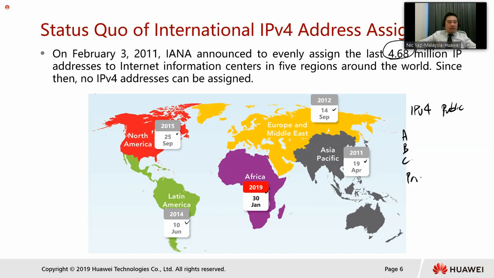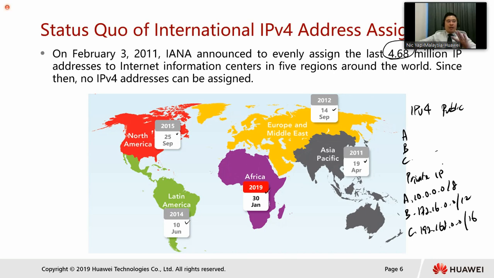For the private ranges, Class A is 10.0.0.0/8, Class B is 172.16.0.0/12, and Class C is 192.168.0.0/16. These are the private address ranges. Anything other than these is a public IPv4 address.